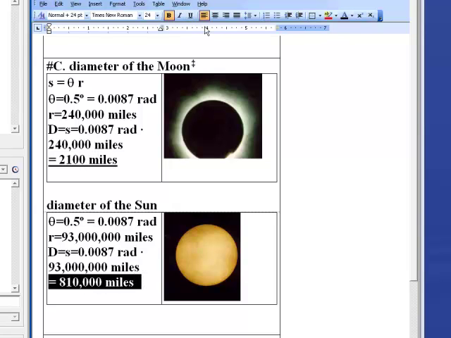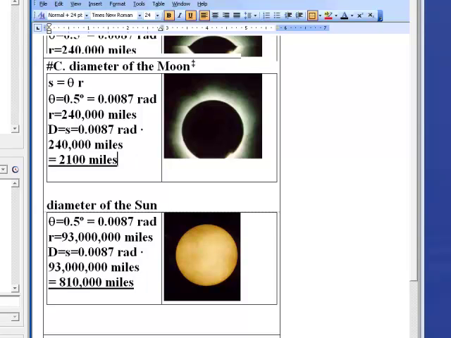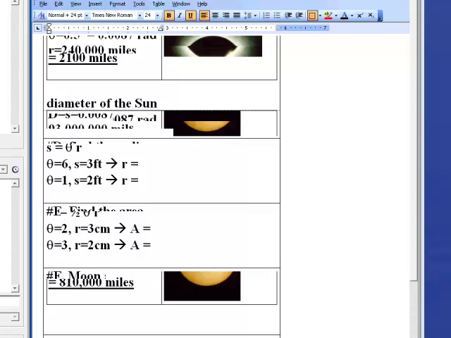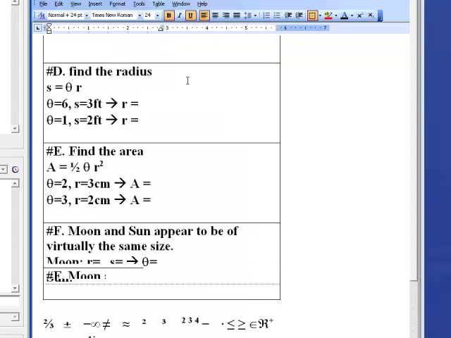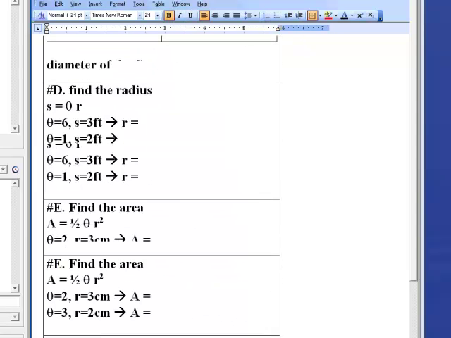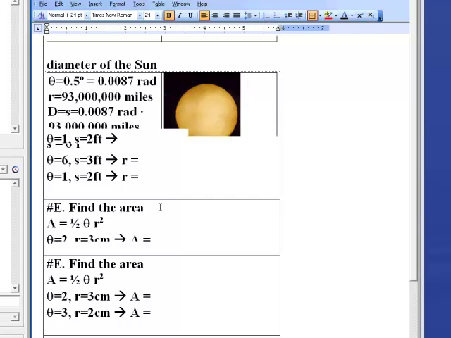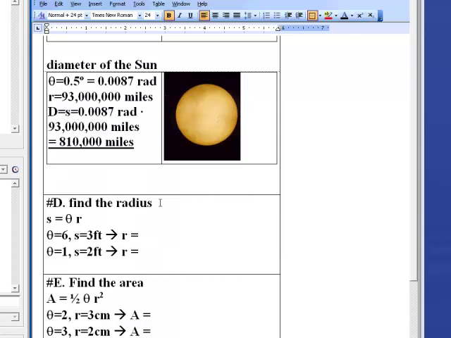In all the exercises here, I keep forgetting to underline the result, but oh well, you'll find it yourself. Okay, next exercise, which says find the radius of the circle where theta equals 6, s equals 3. So r comes out to the arc length divided by theta.